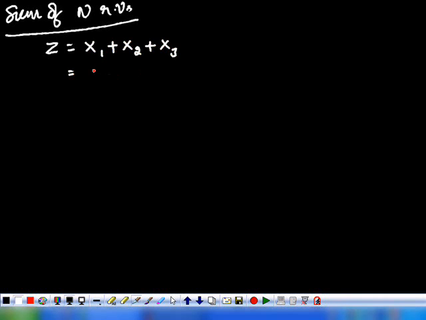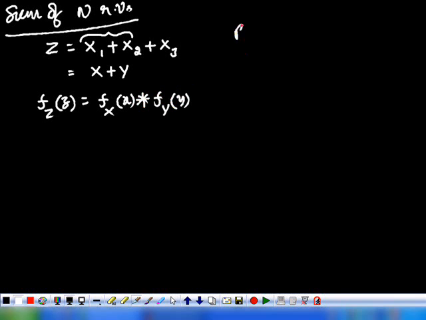Now can I write it as x plus y, that is, x1 plus x2 is x and x3 is y. Therefore, what is fz of z? Fz of z is equivalent to fx of x convolution with fy of y. But we already assumed that x is equivalent to x1 plus x2.